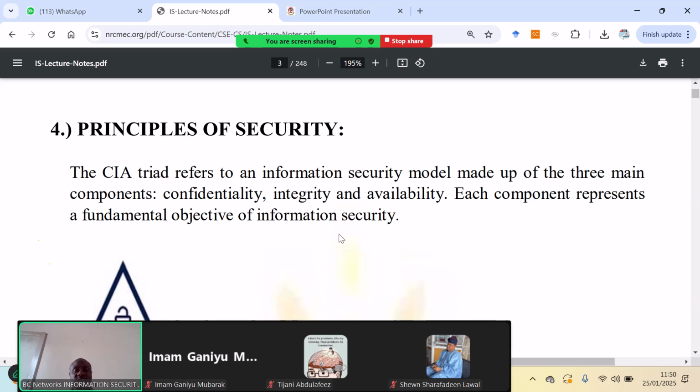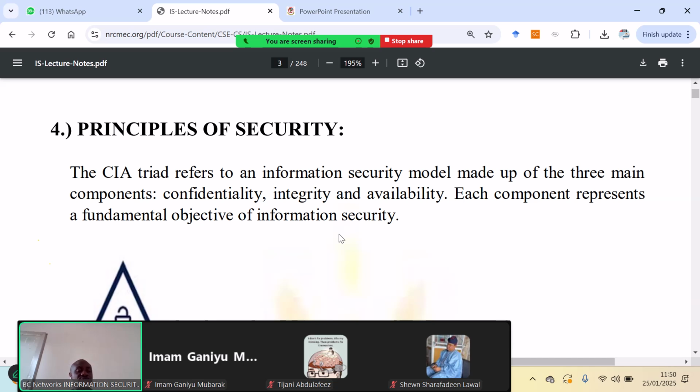The CIA triad refers to an information system security model which is made up of three main elements. We still have other elements, but we prioritize these three elements as an important principle that must be upheld: the confidentiality, the integrity, and what? The availability of the information systems.